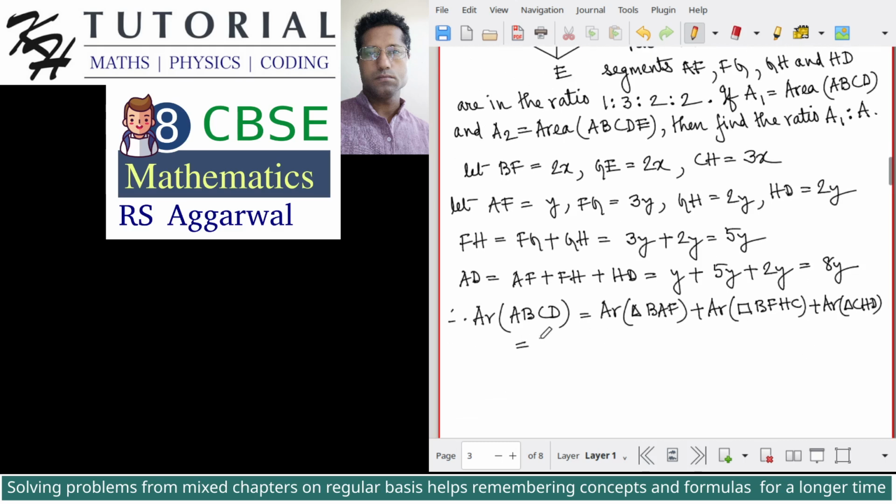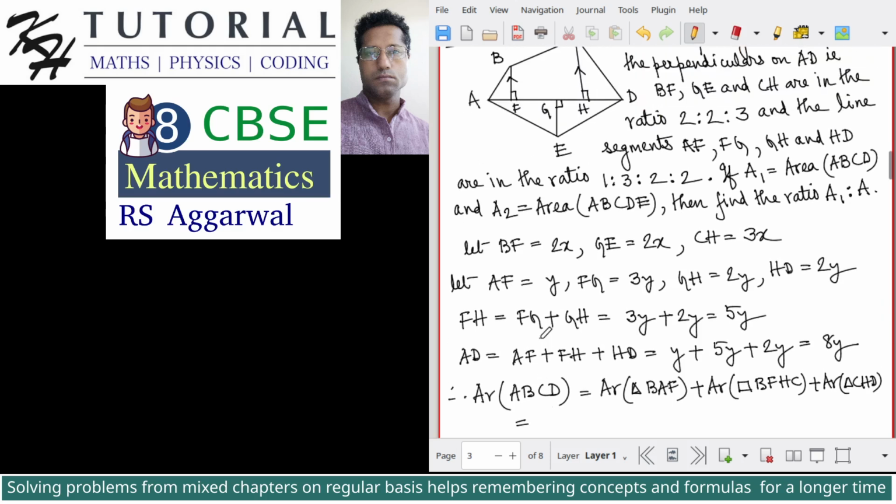Now what is the area of triangle BAF? It will be half multiplied by BF. BF is 2x multiplied by base AF. AF is y. Plus the area of the trapezium BFHC. We know the area of a trapezium is half into the sum of the parallel sides and the height.